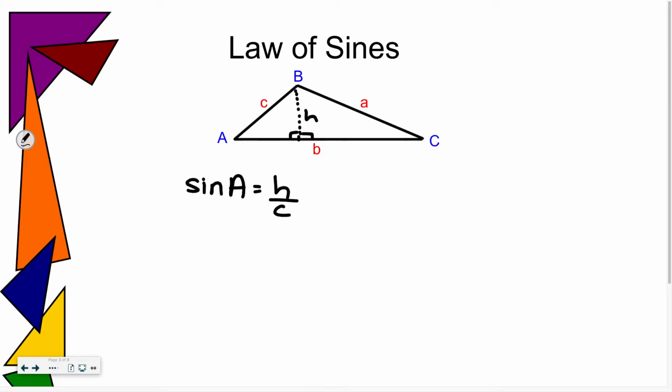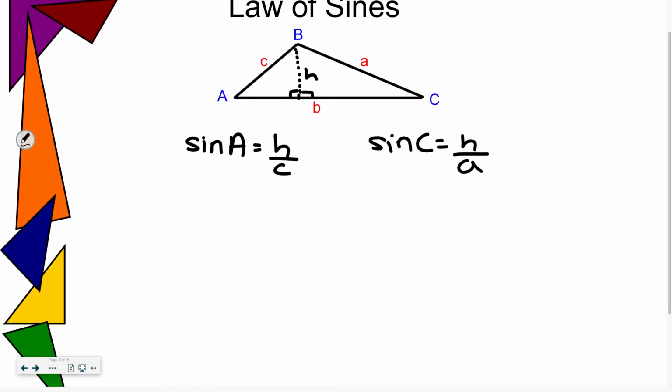So I could say in the triangle on the right that the sine of C is equal to H over A. Okay. And both would be valid. So whether I knew angle A and side C, or whether I knew angle C and side A, I would be able to solve for my height there if I wanted to.